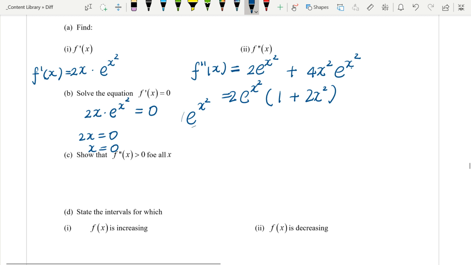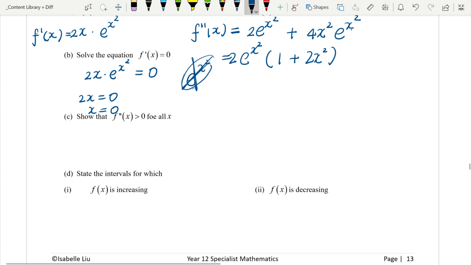No, this is always positive. E to the power of x squared is always positive. The graph is like that. You don't need to know how to sketch that. So x equals 0 is the only solution, the only solution for stationary points.